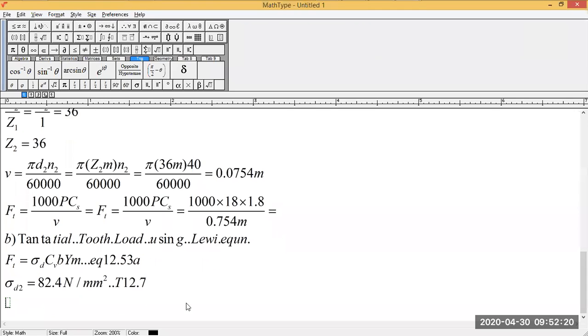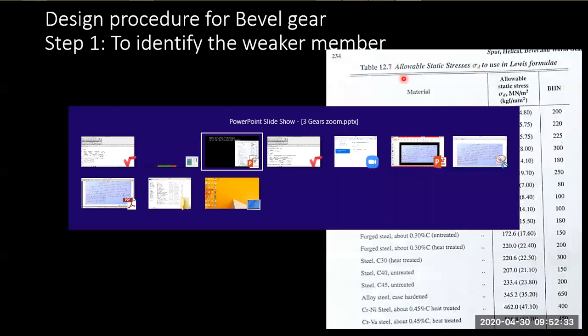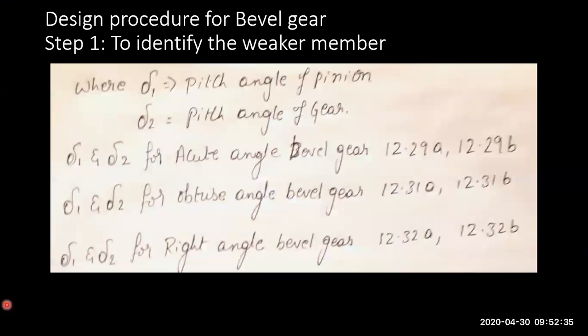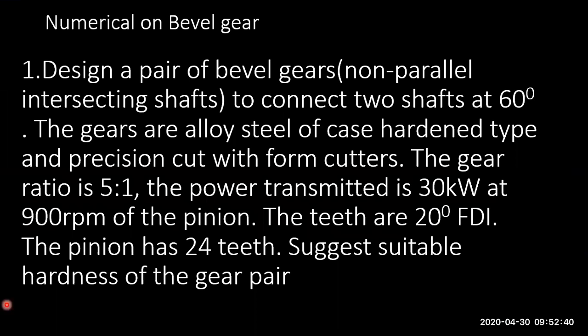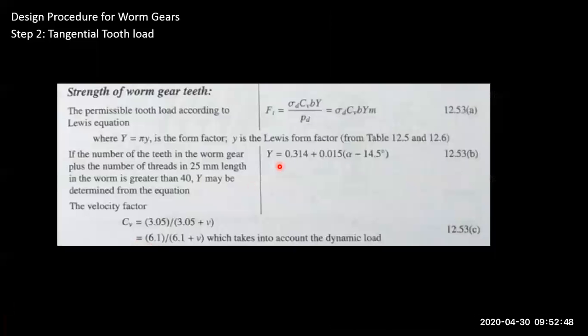Next, Cv, that is the velocity factor. If you go back to the steps, here you can see the velocity factor.